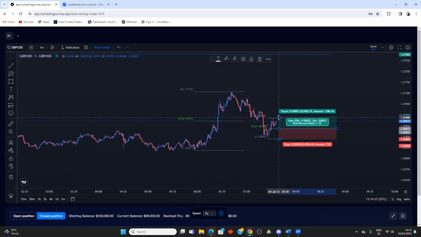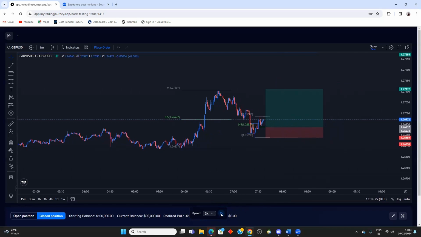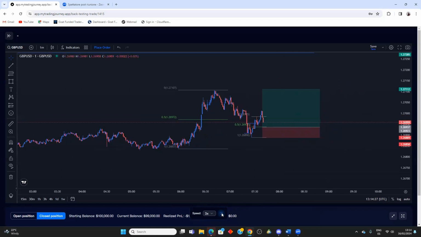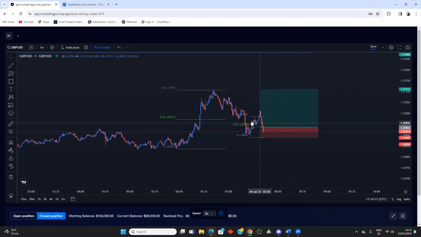Stop loss right below it. Take profit, we can go all the way up here, but I'm gonna target a 1 to 3.6, which is still good for me. Minimum for me, for the people that don't know me yet, that haven't followed me for all this time, I target minimum 1 to 3 risk to reward trades.